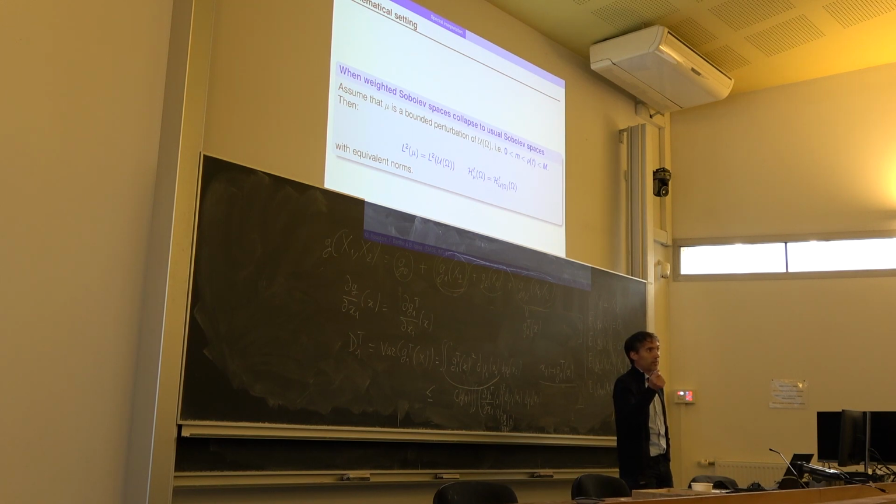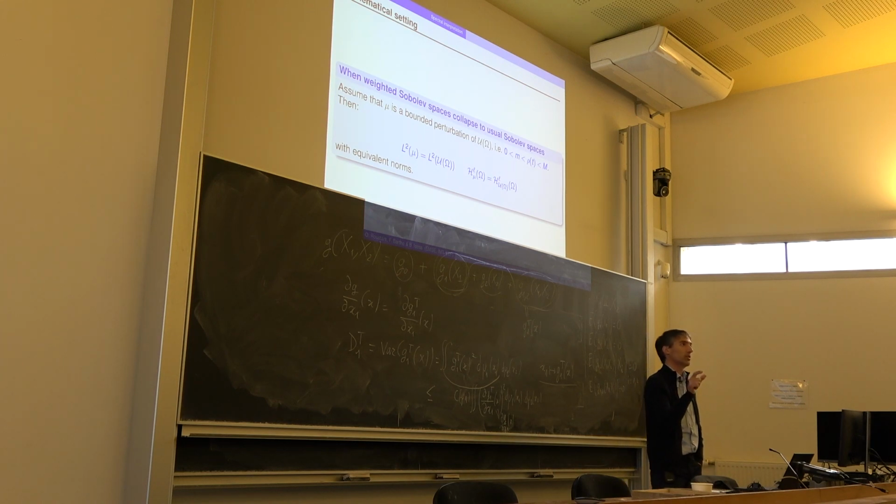And so to be square integrable for your measure is equivalent to being square integrable for the uniform measure. So the L2 spaces are the same actually. And the Sobolev spaces are the same for the two measures. So it's favorable. The norms of the spaces will be equivalent. So topologically, the spaces are the same. But of course, the measures are different.